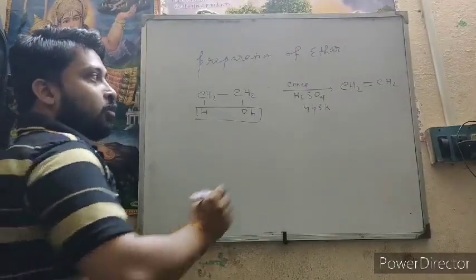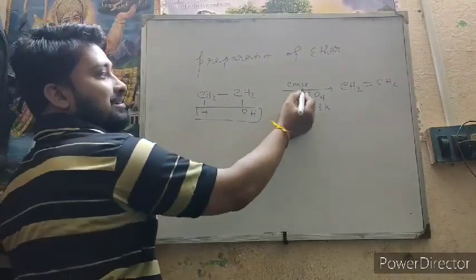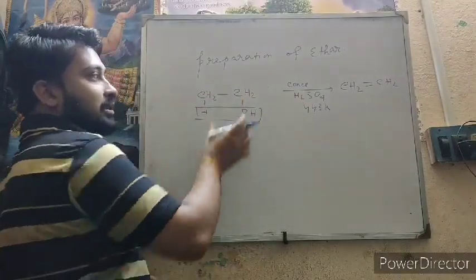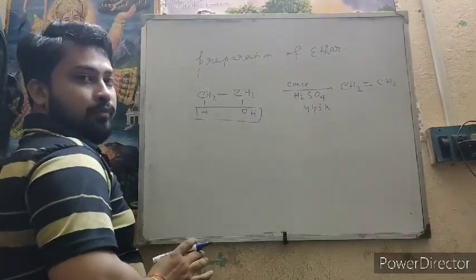With 443 Kelvin and concentrated H2SO4, ethanol gives the alkene.